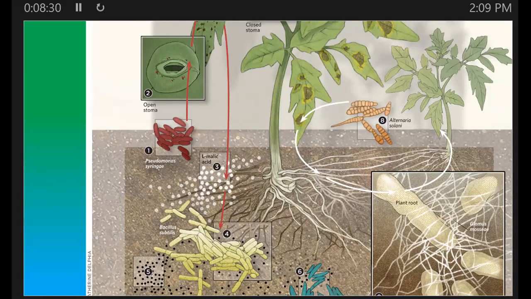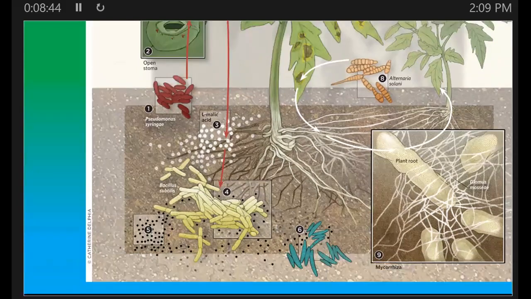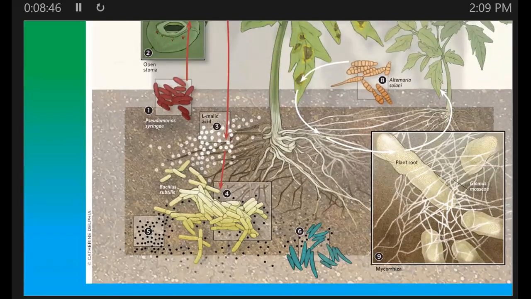And so it's a two-pronged thing. It communicates back to the plant saying, hey, I'm here, don't count me off, I'm actually going to do good things for you. But at the same time, B. subtilis is sending out chemicals, and they're trying to show here that some of the black dots, those chemicals, going to number 6 here, they're saying that there are other pathogens nearby that B. subtilis is helping fight for the plant.